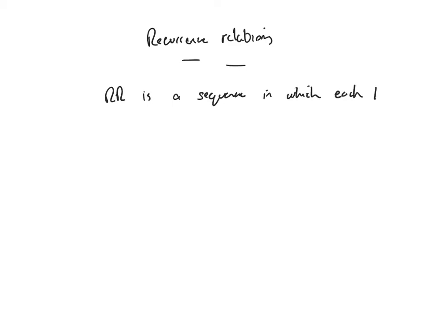Okay, we're going to look at a new topic, which is recurrence relations. Now, a recurrence relation is a sequence in which each term is a function of the previous term.